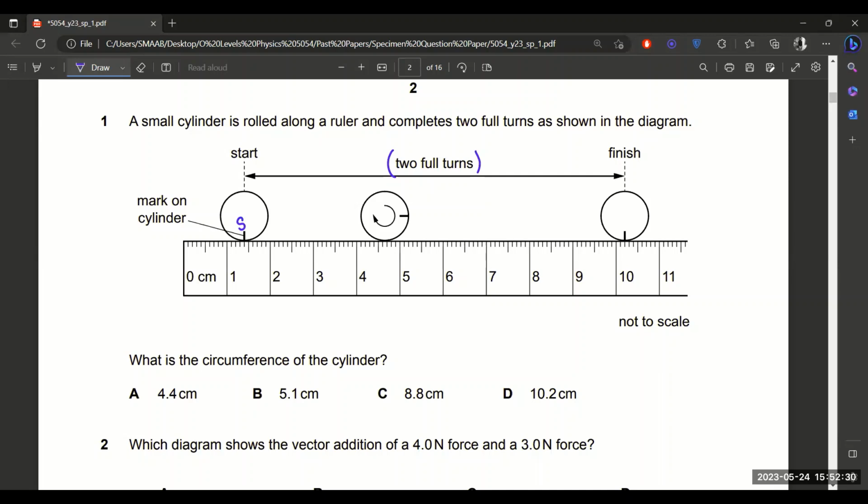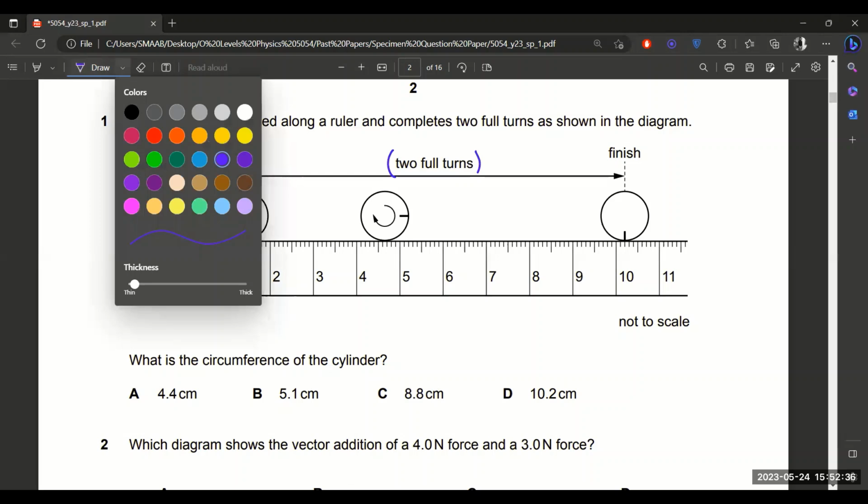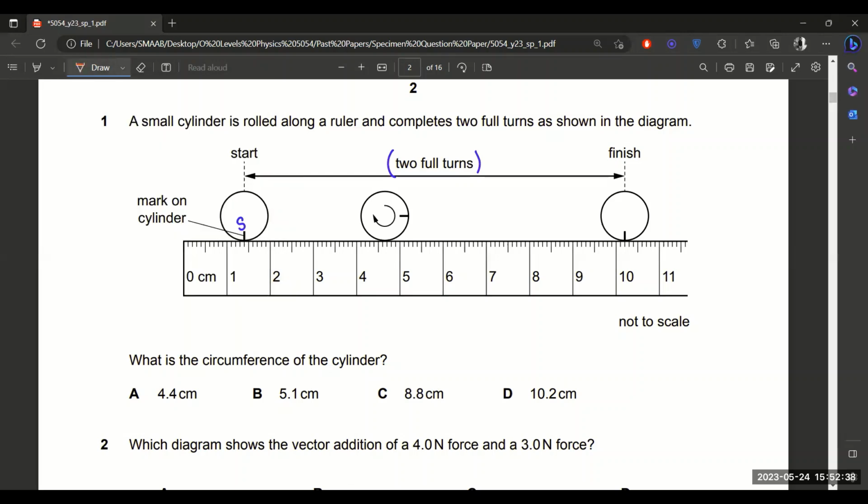So we need to calculate the circumference. First of all, we need to mark the initial starting point and the final point on the ruler, because we know that the length on the ruler will be equal to the circumference of a circle. The starting point is equal to 1.4, the initial point, and the final point is equal to 10.2.